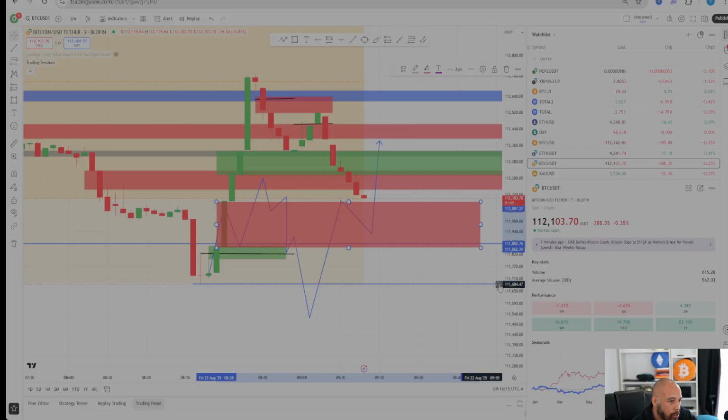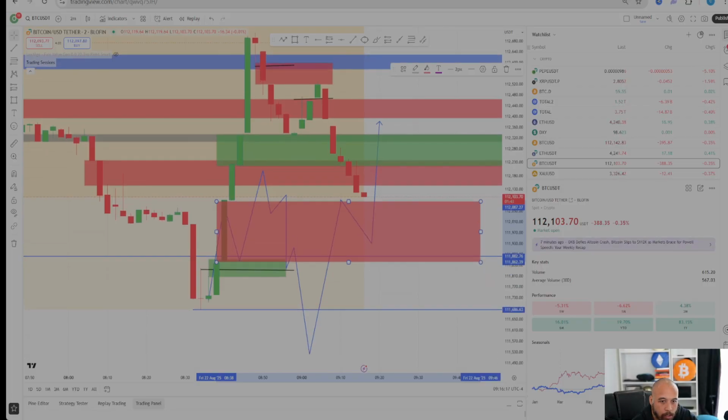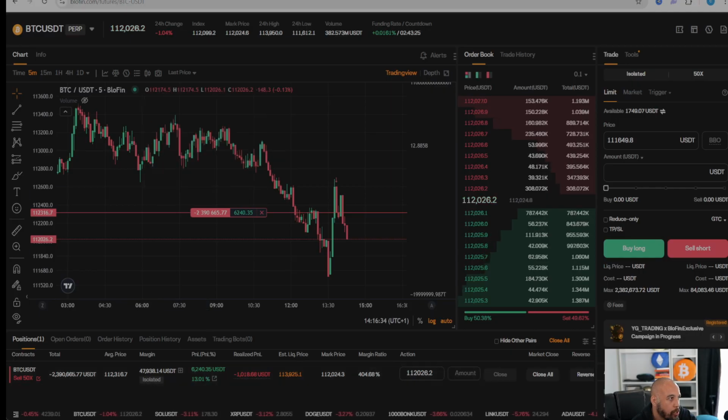All right, so let's see how this goes, how it reacts to this fair value gap. We're up 6,200. Nice. See, 6,200 we're up, guys.